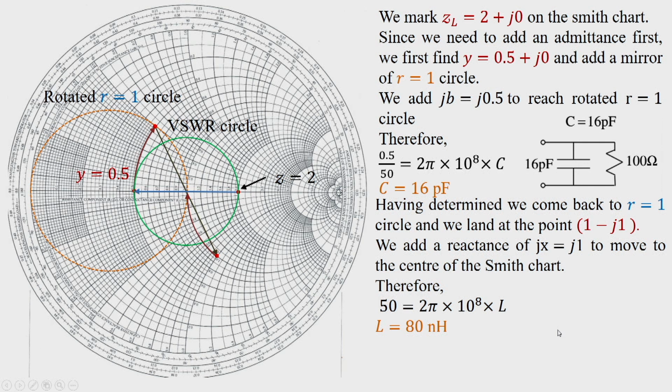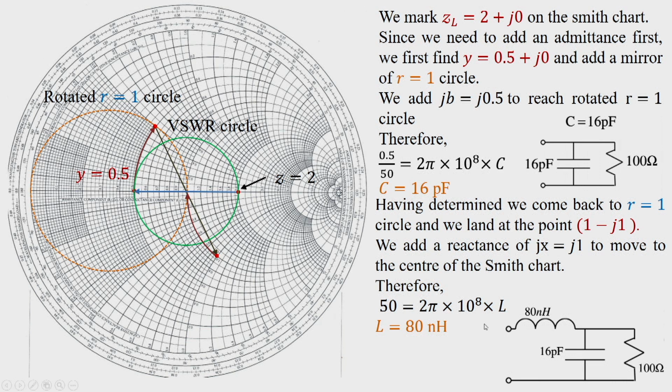And therefore, we have found out both the elements of the L section matching network. The capacitor value is 16 picofarad and the inductor value is 80 nanohenry.